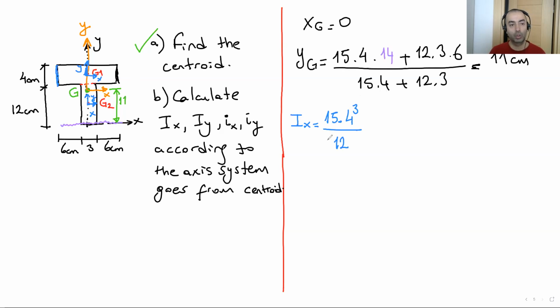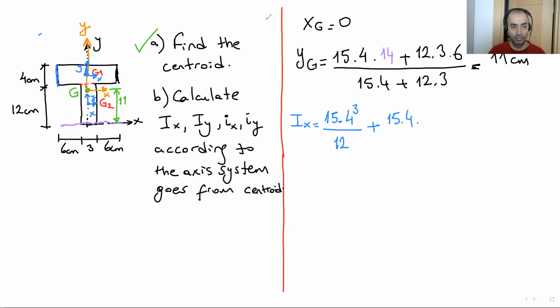Now we are going to transfer it to the global one, the orange one. Plus we add something: area times distance squared. The area of that rectangle is 15 times 4, times the distance. What is the distance? The distance from the total G location to the baseline.